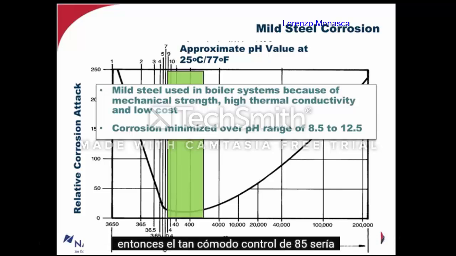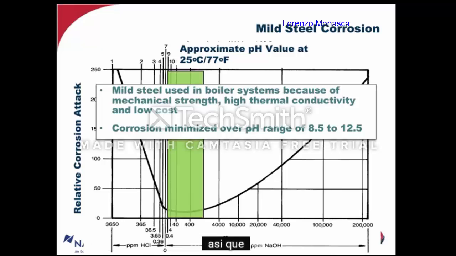So comfortable control would be a pH of around 11 to 12.5, somewhere in that range, depending on the treatment program. And this just provides us with better protection and control when hardness upsets or contamination events occur in your system.